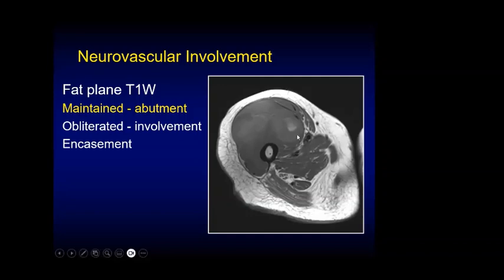The second one is very important for the surgeons: a fat plane between the tumor and the neurovascular structure is a good feature, because they can remove the tumor without having to sacrifice the neurovascular structures. So when we have a fat plane between the tumor and the neurovascular structure, we call the neurovascular structures maintained.